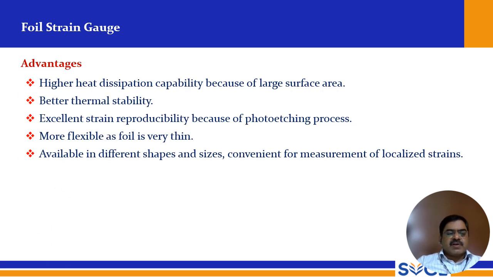Foil gauge advantages: higher heat dissipation capability because of large surface area, better thermal stability, excellent strain reproducibility because of the photo etching process, more flexible as foil is very thin, and available in different shapes and sizes, convenient for measurement of localized strains.